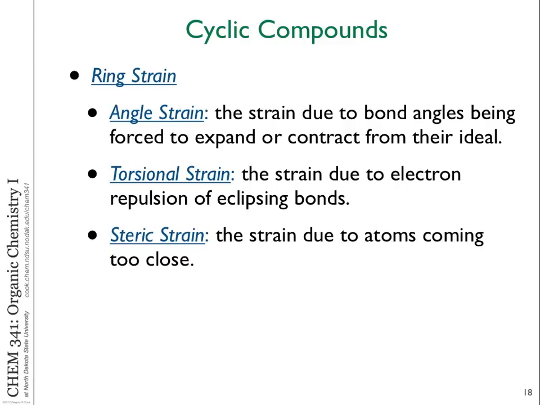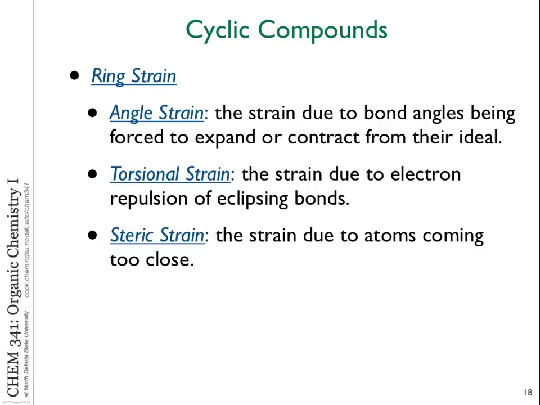It gets a little more complicated because we know that organic molecules and carbon-based molecules can also form rings. And rings do certain things to the molecule to constrain it, right? So if you have a linear chain alkane, all of the single bonds can freely rotate. But if you tie the ends together, now it can no longer rotate.